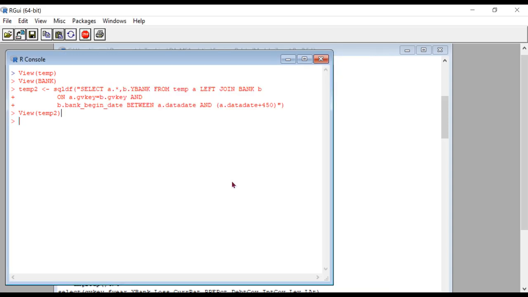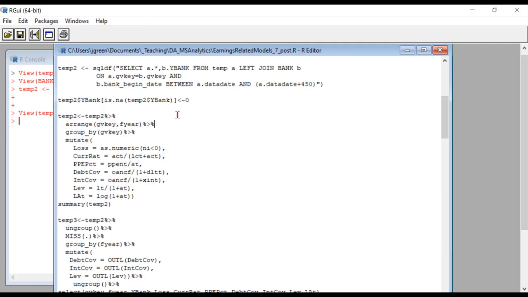So notice what happened is we merged on from the temp data frame, we added from the bank data frame this yes, they went bankrupt variable. And again, it came from the same company, and the bankruptcy happened between the end of the fiscal year and the following year plus some days.